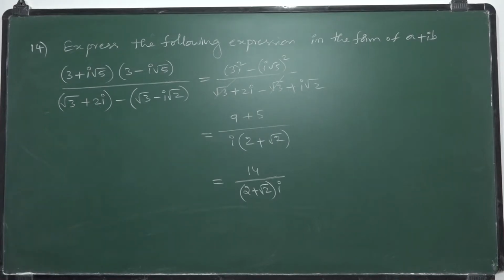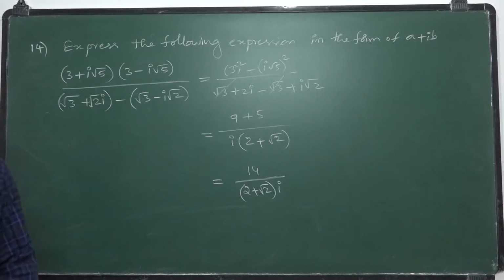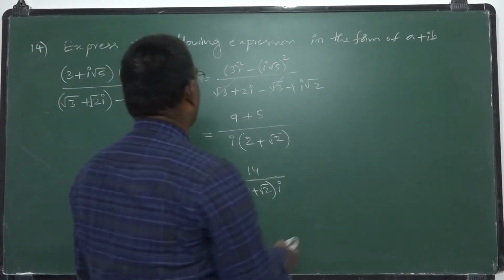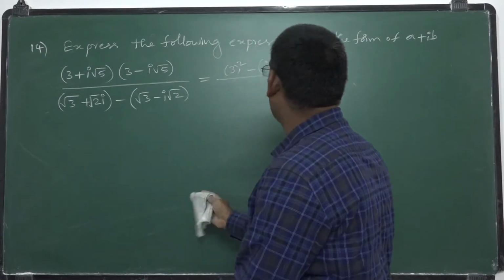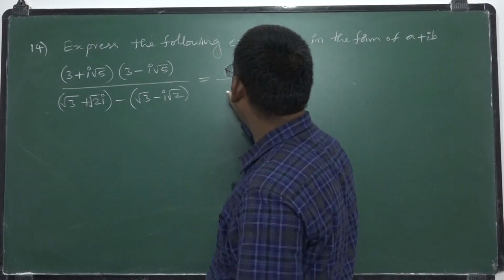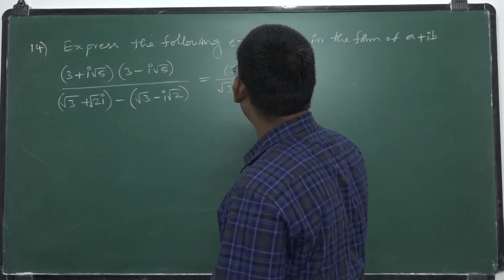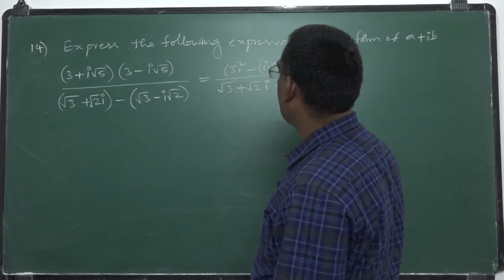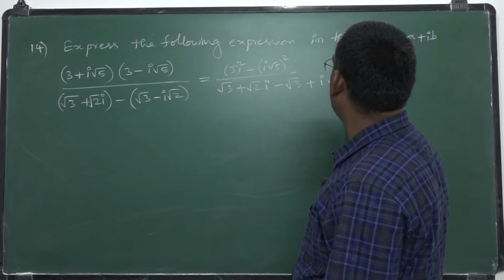So here this is root 3 plus root 2i, minus root 3 plus i root 2.